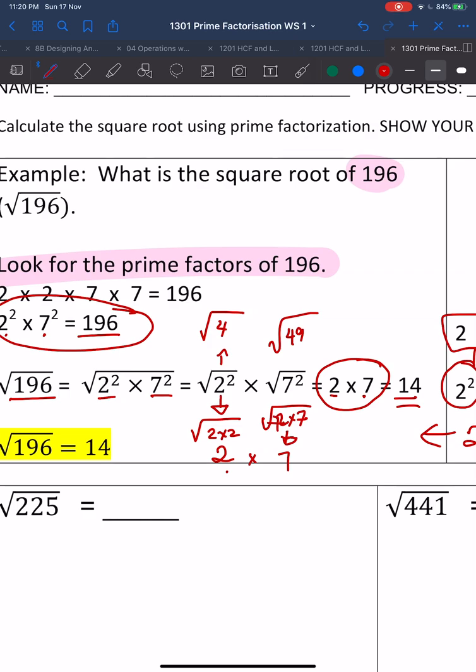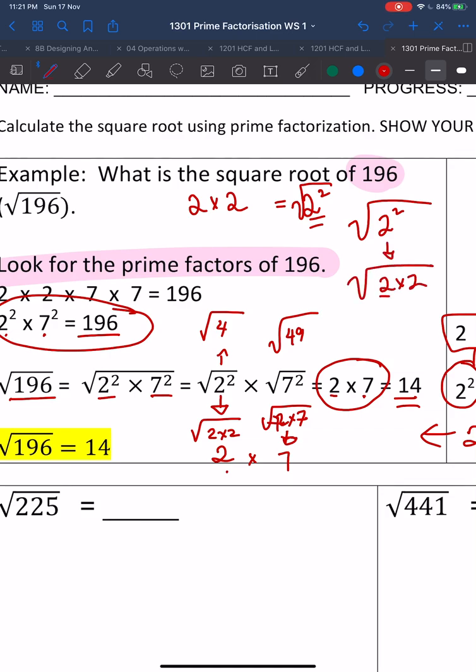Remember, we said that any number multiplied by itself can be written as a square, as an index. Okay? So, if we get the square root of an index, remember, the square root is the opposite. We are looking for what number do we multiply by itself to get that square. And we already know that 2 squared is the same as 2 times 2.